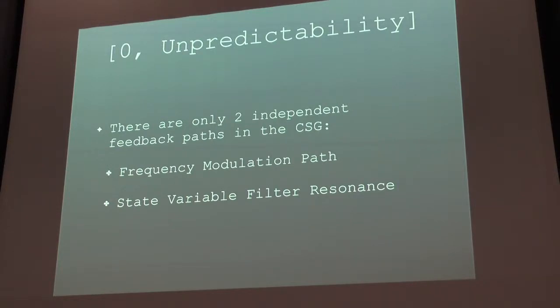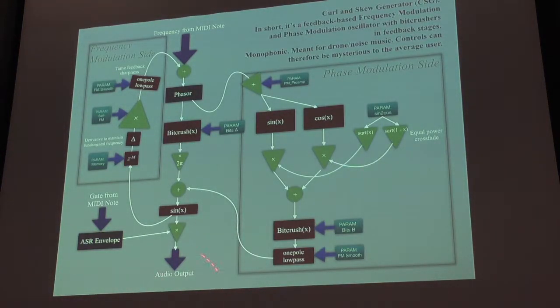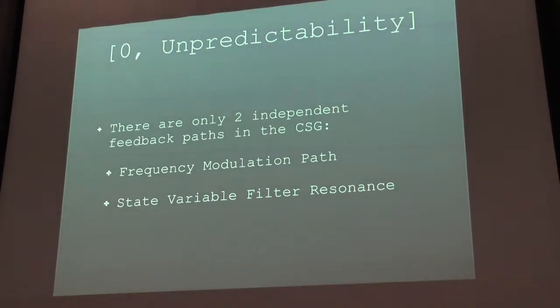There's the frequency modulator path, the FM path, and then actually there's a state variable filter, which I didn't show in this because it's after it. Maybe it's not absolutely essential to the instrument, but I wanted two extra dimensions that the state variable filter provides.